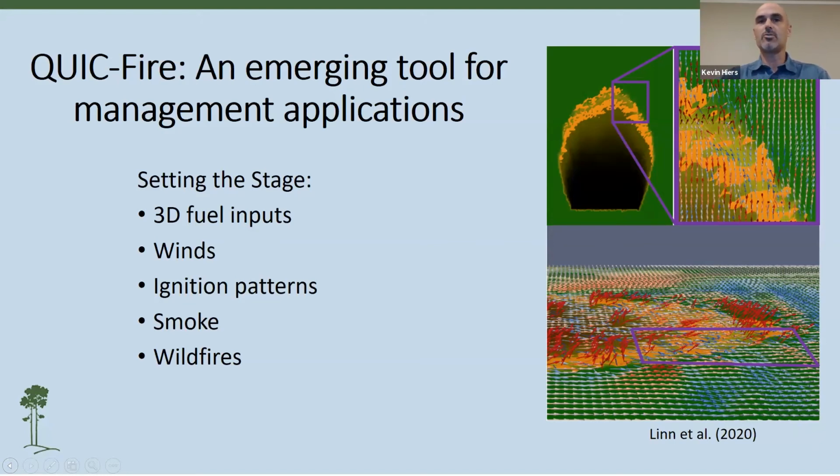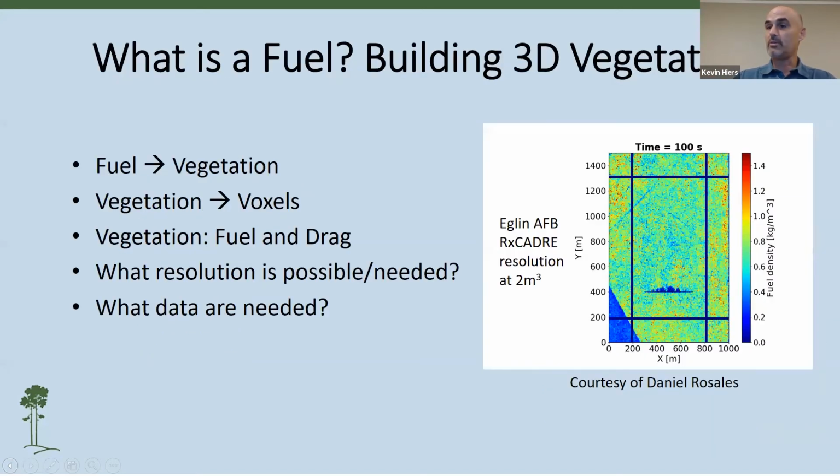So we're going to start by just trying to get our minds wrapped around 3D fuel inputs, winds, ignition patterns, smoke, and wildfires. That should allow us to dive into this afternoon's discussion and conversations about the wildfire models that we've done with the Spring Hill scenario, some prescribed fire planning that we've done, as well as smoke and emissions management.